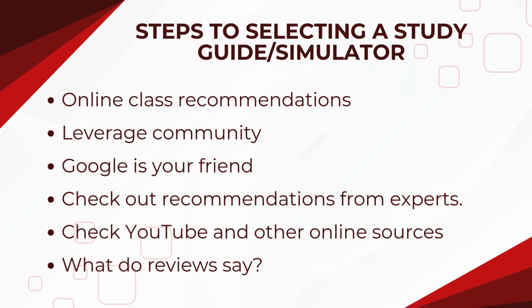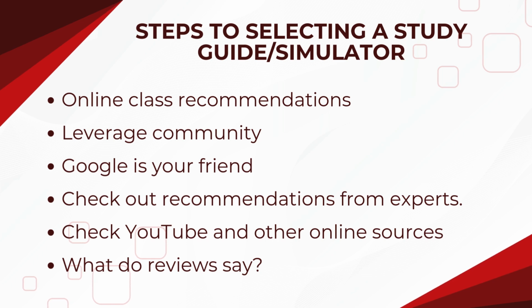You can just type it on Google. You can even utilize ChatGPT, because ChatGPT would help you collate everything online, then make recommendations according to what people may have talked about or written about the simulators after using them at the end of the day. Another thing is check out recommendations from experts.